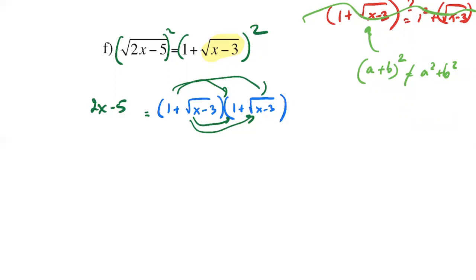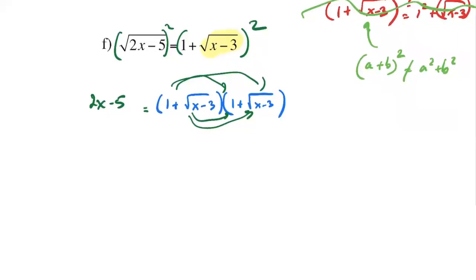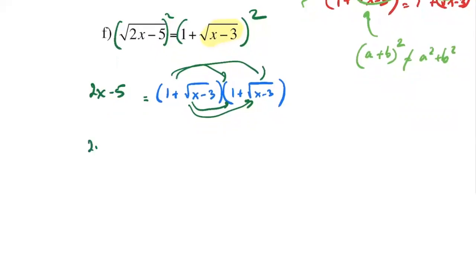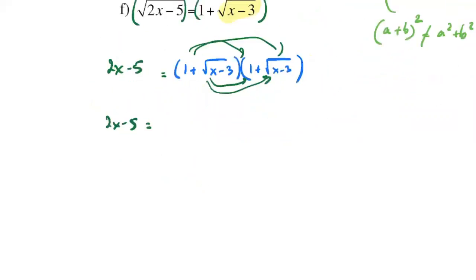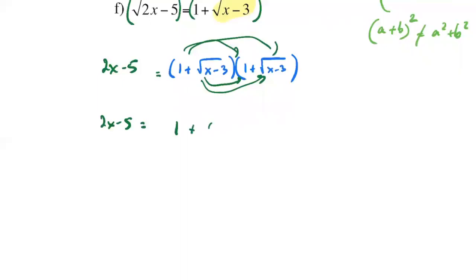When you do this correctly, the first and the last terms become nice. In the middle term, you still have a radical, so you actually have to square both sides one more time to undo that radical. I'll go ahead and do this for you here. 1 plus 2 times the square root of x minus 3, plus x minus 3.